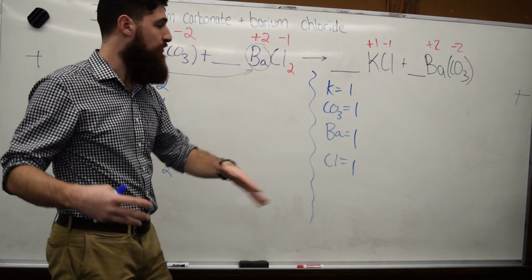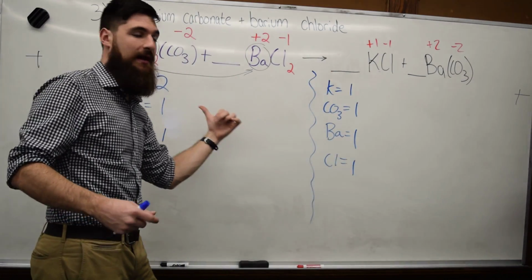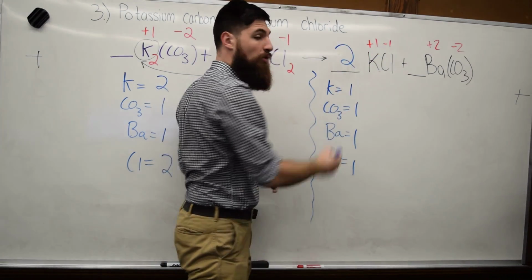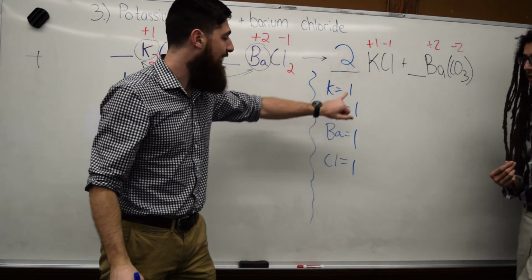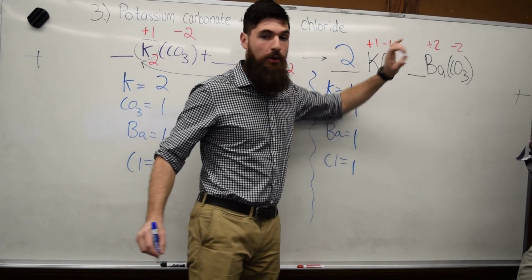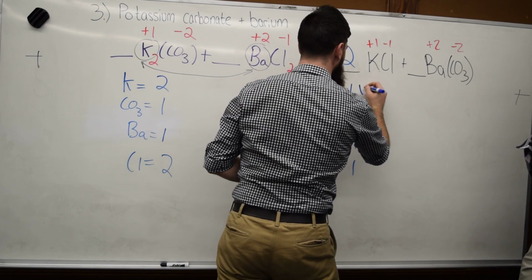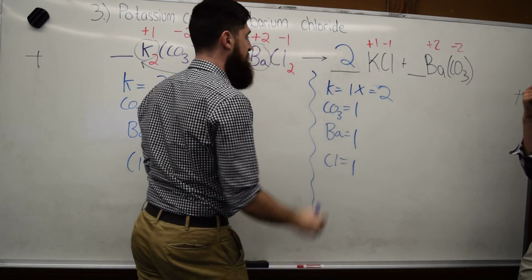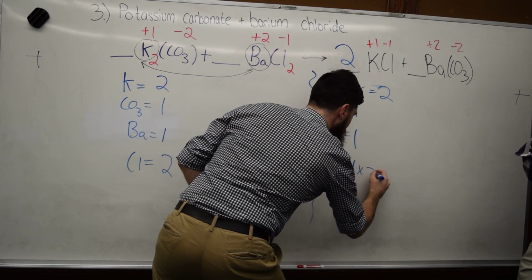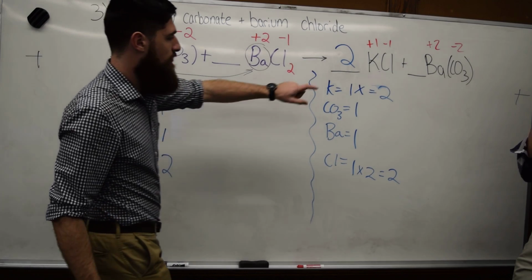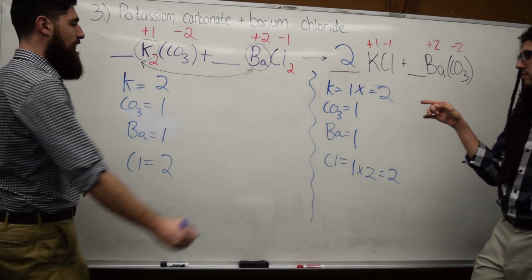We want to change those to match the reactant side. I'm going to do that by putting a 2 in my coefficient. I can't change these numbers without changing my coefficients. So since this is 2, I've now got 2 potassiums. Since this is 2, I've now got 2 chlorines.